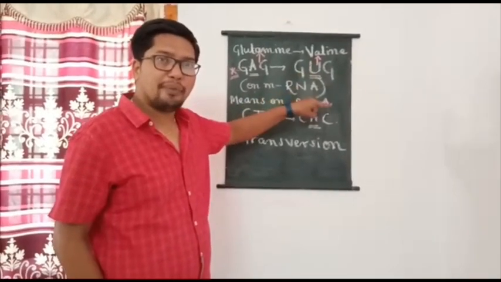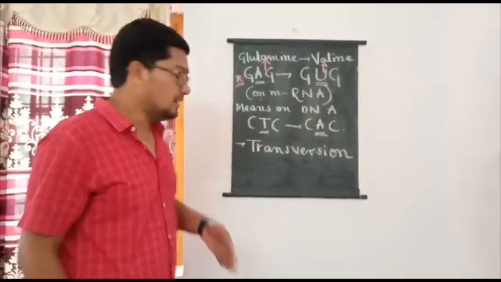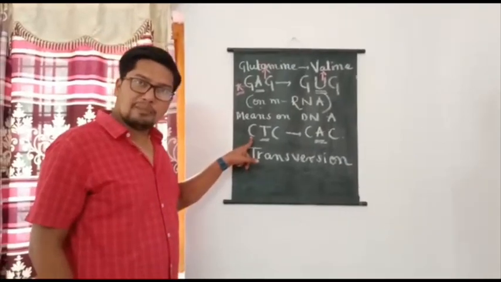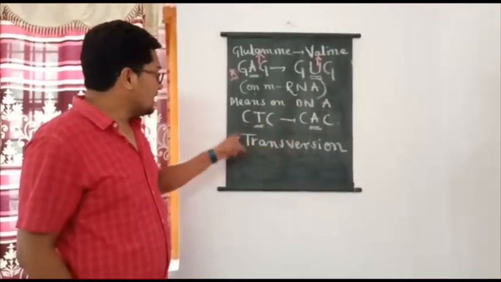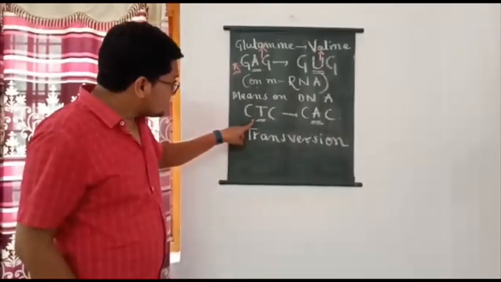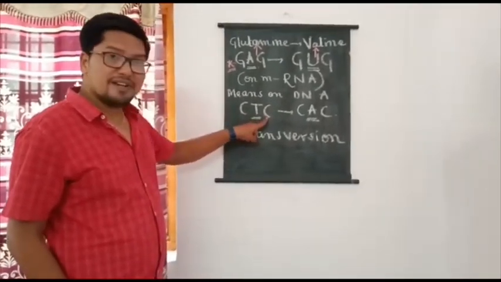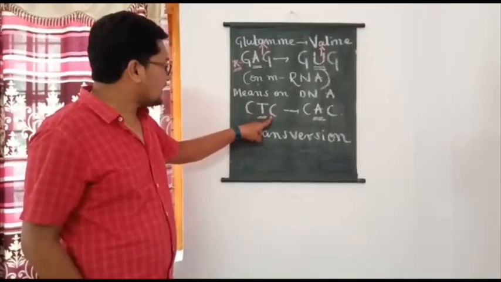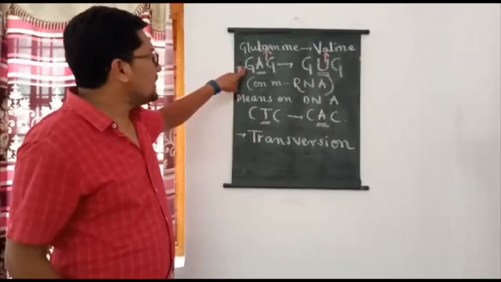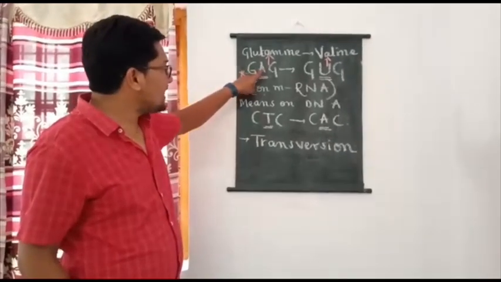Why did it happen? If you ask me this question, a gene mutation or a point mutation took place on DNA. Means on DNA what was the sequence? CTC was the sequence. When the DNA sequence is CTC, on mRNA it is going to be coded as GAG.